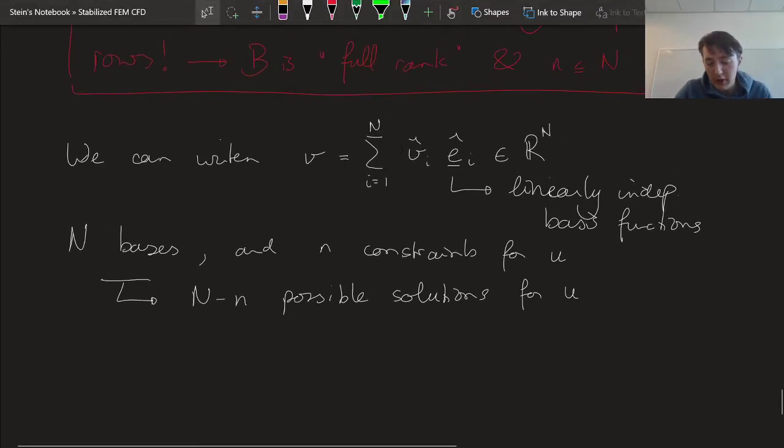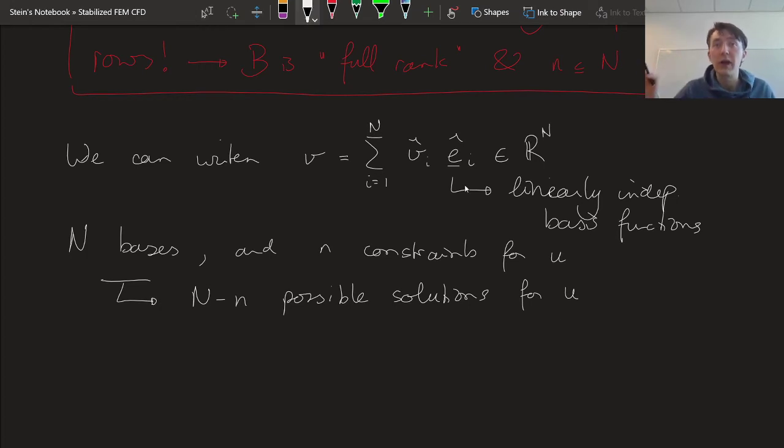So again, because this choice of bases is relatively arbitrary, I can always subdivide my bases into small n bases that do not satisfy the constraint, and capital N. Okay, I can always write u now in the following way.